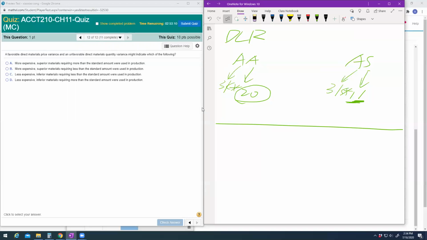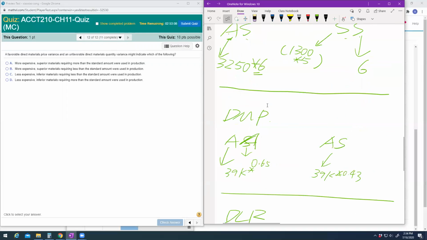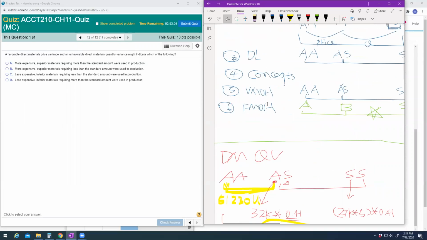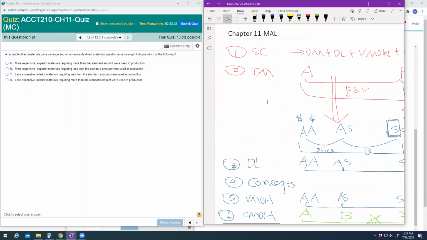From this multiple choice, you practice a lot of different formats to do the calculation. The problem part is partly calculation and partly interpretation, so focus on this part. I also provide more practice for you to master the material.